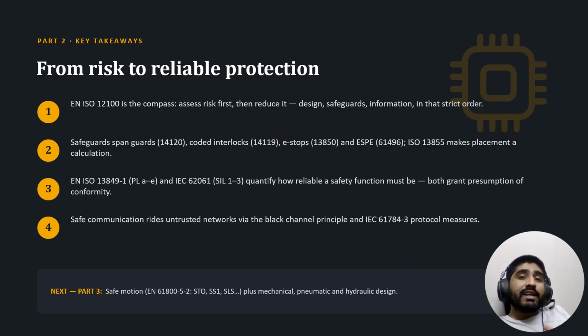Safe control technology quantifies reliability through performance level and safety integrity level, two harmonized routes to the same goal. And safe communication extends that integrity across networks using the black channel principle.